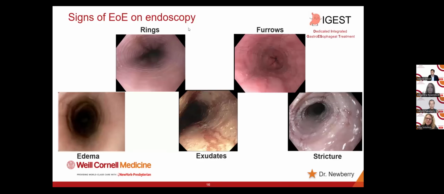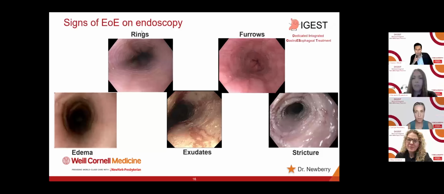Then, if we go to the next picture forward, we see rings. So those are those circular textural changes that are pretty clear, I think, on this picture. Then on the bottom of the screen, in the middle, you will see something called exudates. And what exudates are is that white, filmy, discolored tissue that can indicate where the immune system is having more of a response.